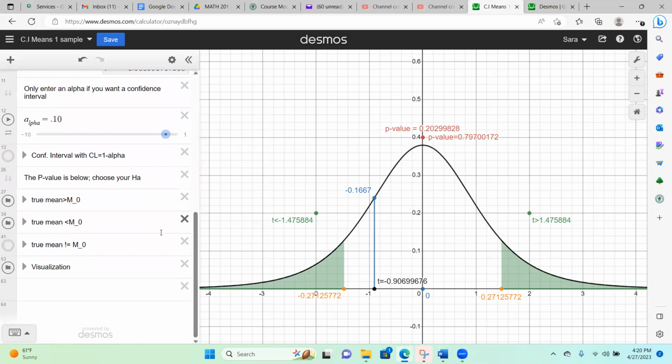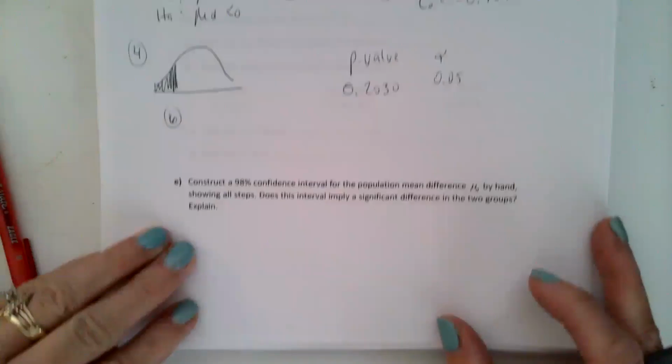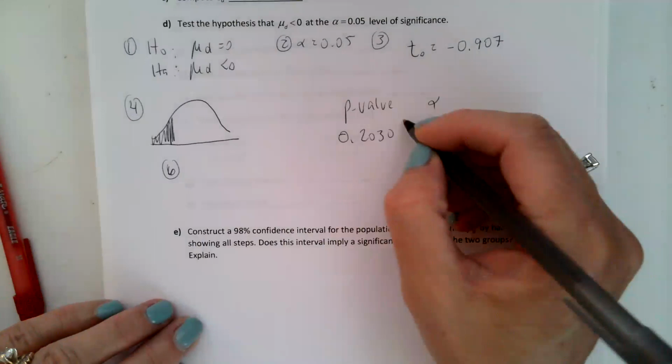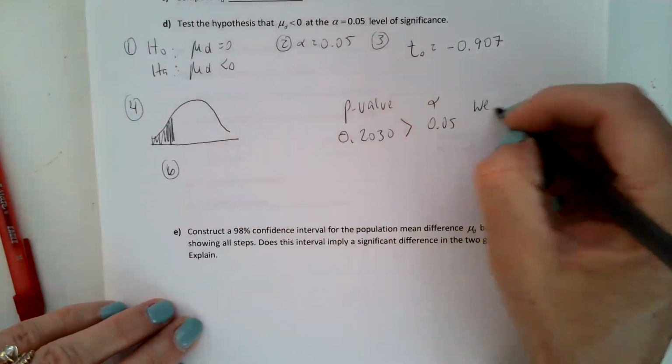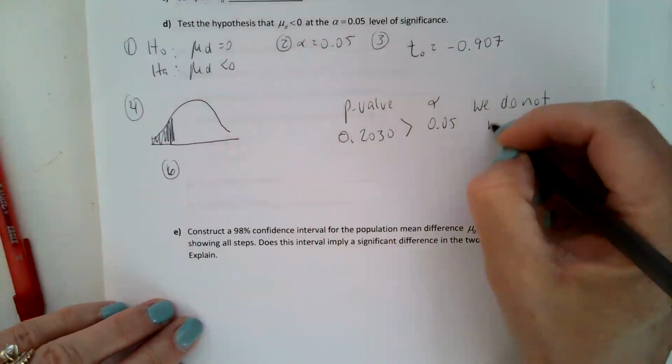And we'll go back to our paper to make our decisions. And this time our p-value is greater than alpha, so we do not reject H0.